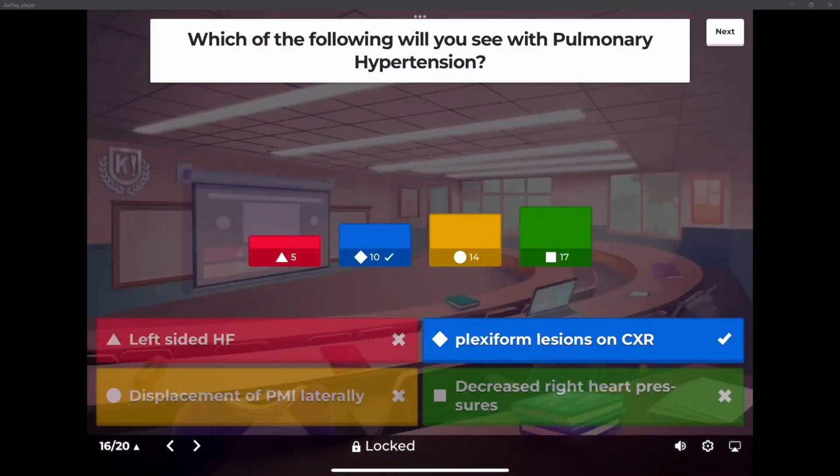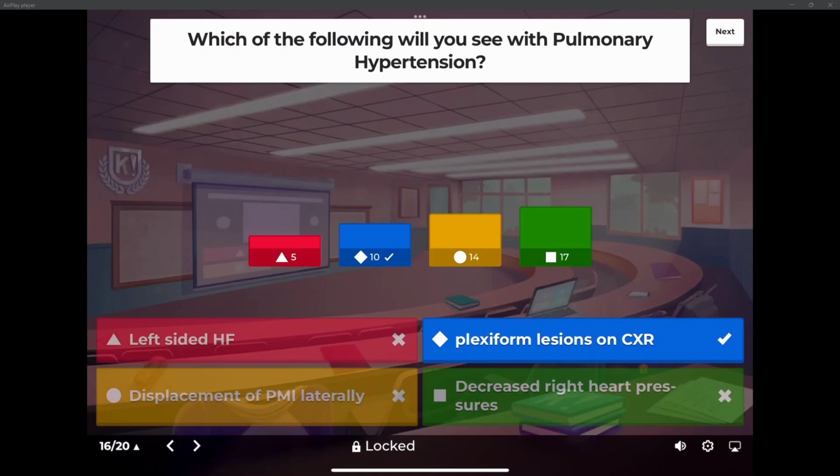So the problems we're going to see are right-sided lesions, right-sided heart failure. Does pulmonary hypertension cause left-sided heart failure? No. Does pulmonary hypertension cause displacement of the PMI laterally? If you displace the PMI laterally, what chamber are you talking about? Left ventricle. We're dealing with the right side. This is pulmonary hypertension. It can't be that one because the left ventricle is fine.